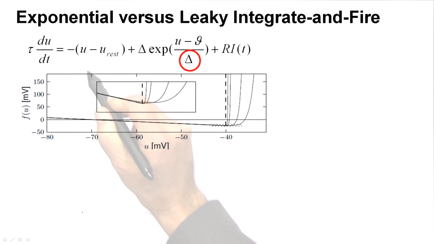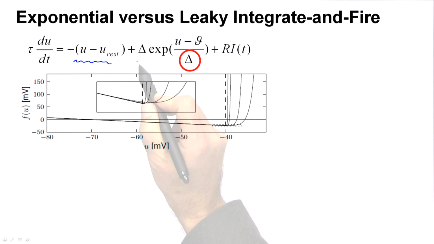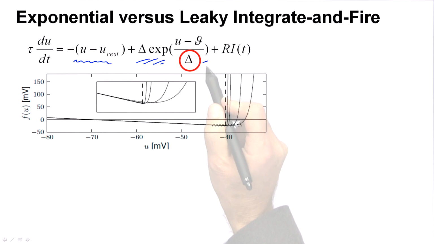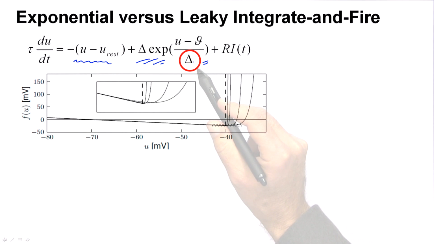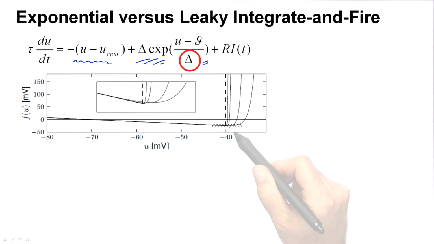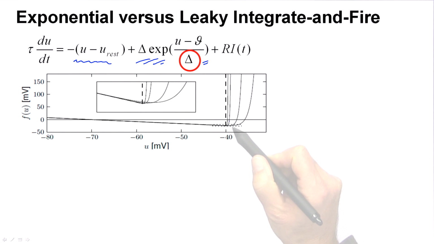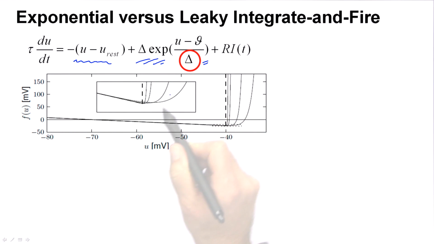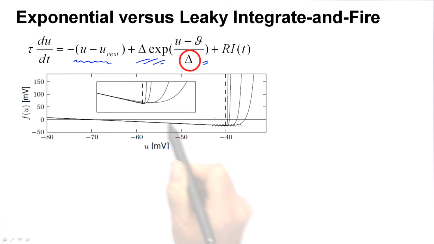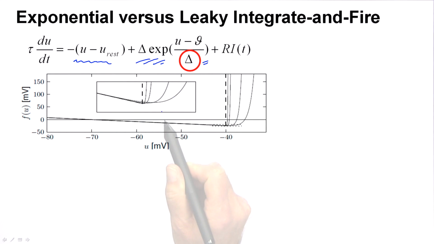It has this linear term that was mentioned before and the exponential term. This exponential term is characterized by a parameter delta. Delta controls the rapidity or the sharpness of the kink, the sharpness of the bend down here. So you see here a zoom in this small region here with different values of this parameter delta.